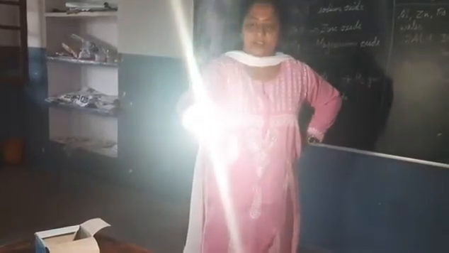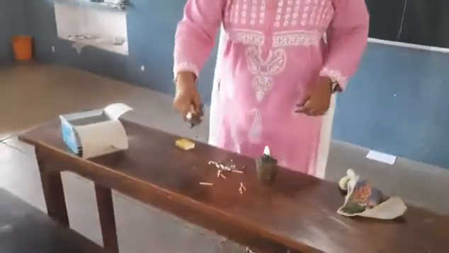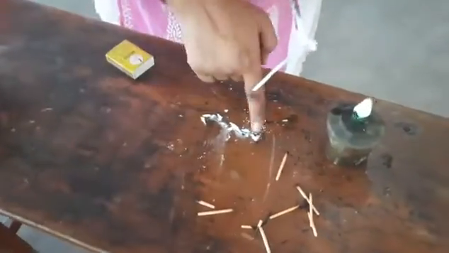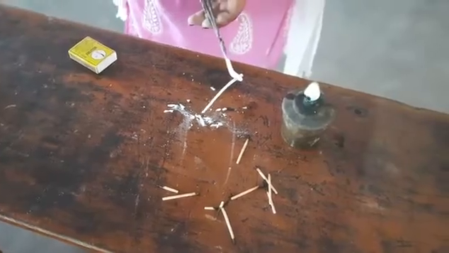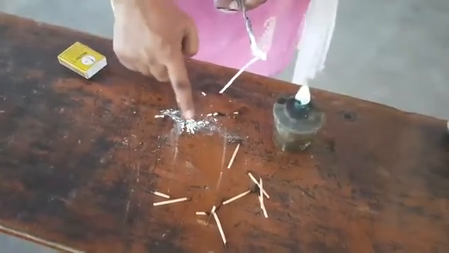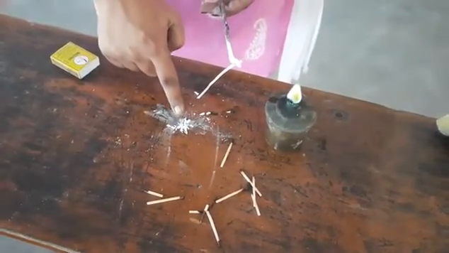Now you can see the ash which is left here. The ash that is left behind is the metal oxide, that is magnesium oxide.